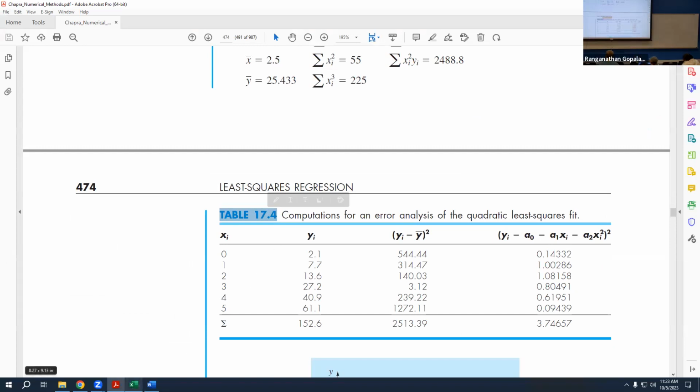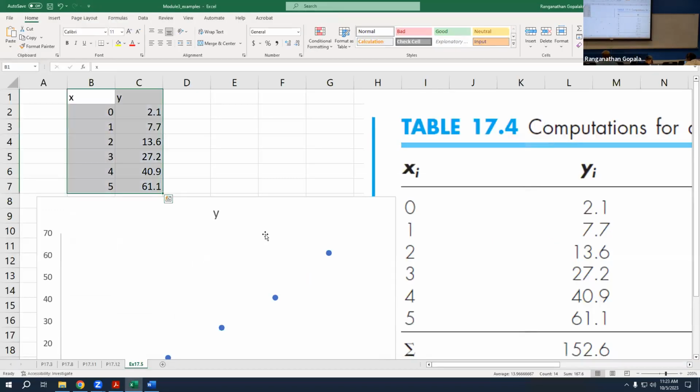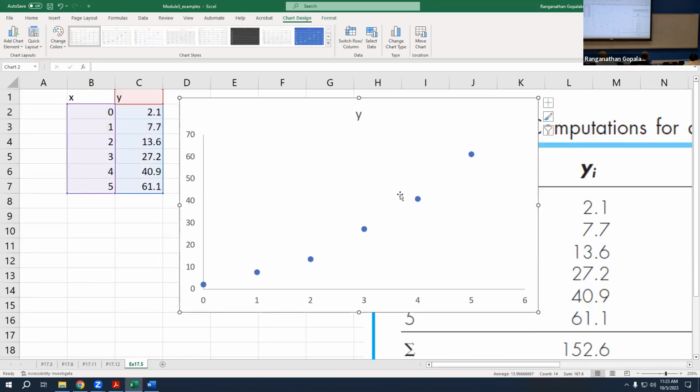Please copy that data into Excel. If you type in those 6 entries, x varying from 0 to 5 and the corresponding y values, we get 6 data points. And if you make a quick plot, what do you see as the trend?